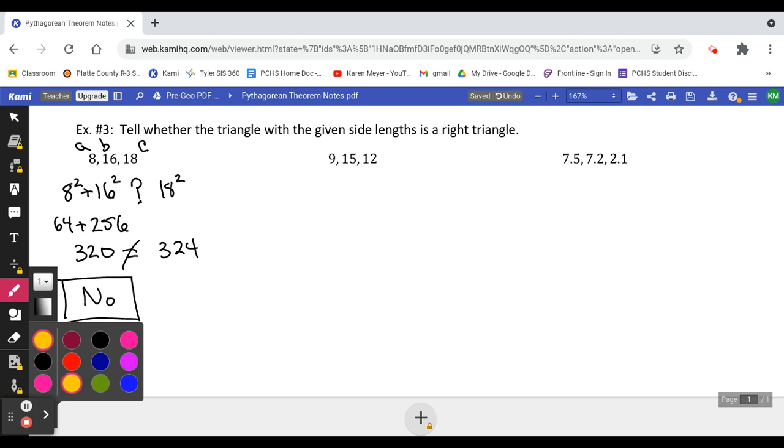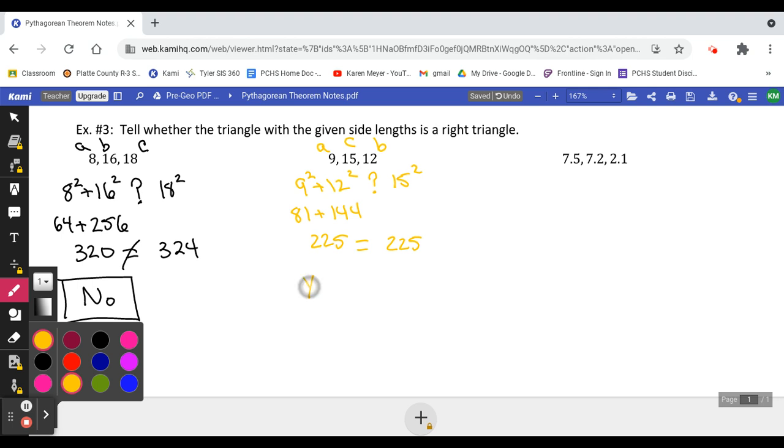Okay, next one. The largest number is 15, so that's C. So I'm going to call A 9 and B 12. So 9 squared plus 12 squared, question mark, does it really equal 15 squared? So 9 squared is 81, plus 12 squared is 144. Add those together and you get 225. Then 15 squared. 15 squared is 225. Oh, 225 is 225. Those are equal because it's the same number.